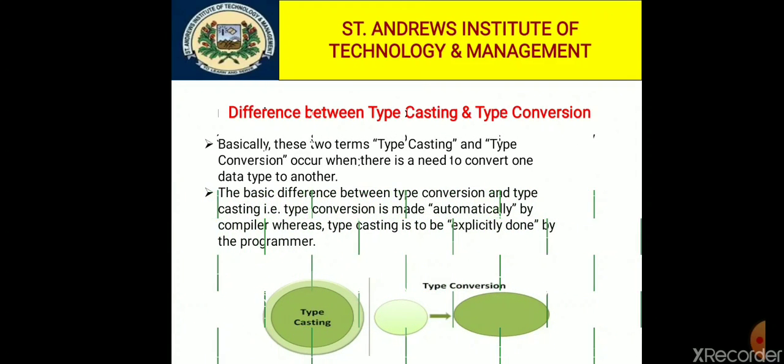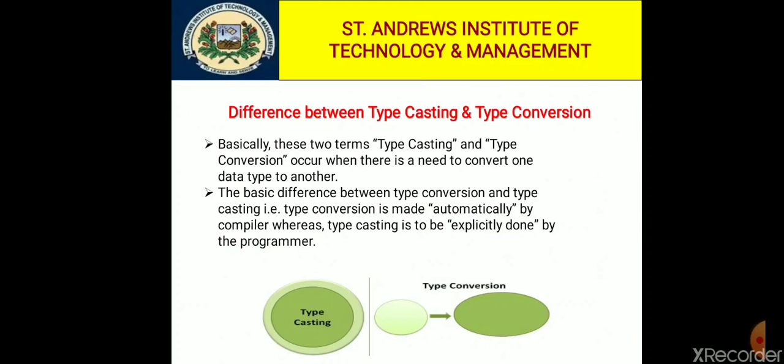The next one is the difference between typecasting and type conversion. It is a very important topic. Basically these two terms, typecasting and type conversion, occur when there is a need to convert one data type to another. If we want to convert a data type from one to another, then we require these two terms.